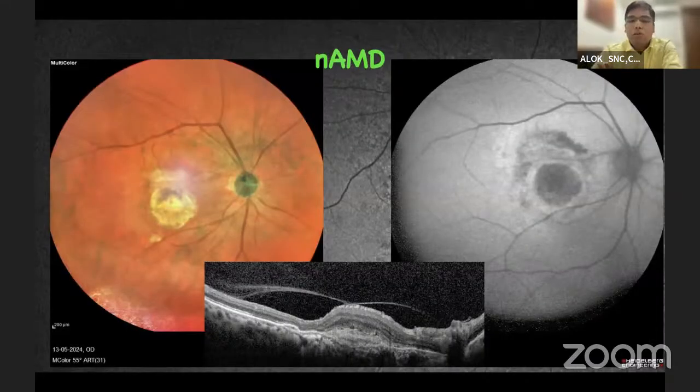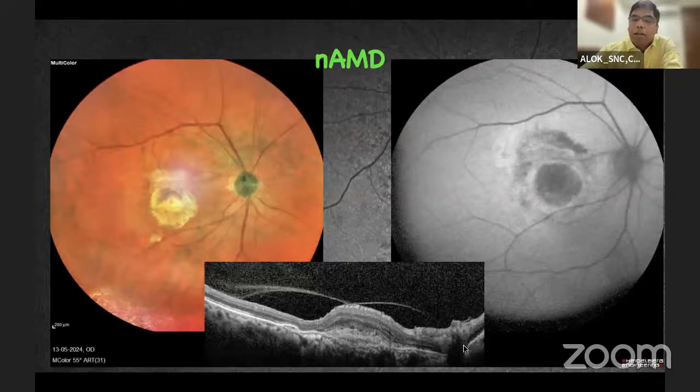Now, autofluorescence may not be very useful in wet AMD. However, it can show areas of geographic atrophy developing as we treat these patients. Areas of scarring or fibrosis appear hypoautofluorescent, and the actual area of the new vessels or subretinal neovascularization will have variable autofluorescence.